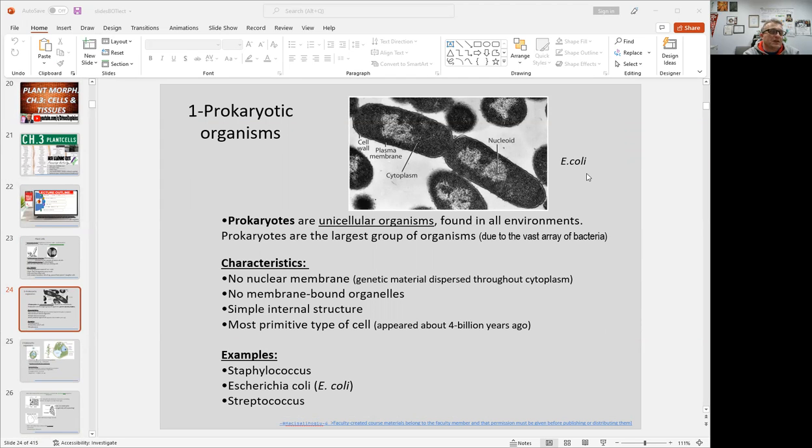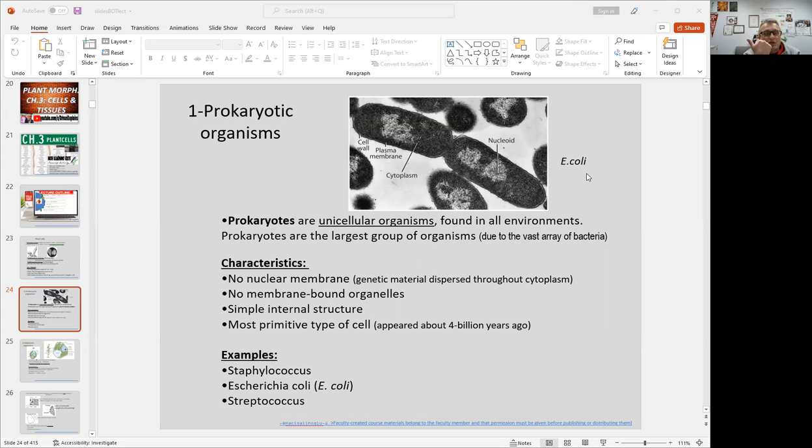Okay, so prokaryotic cells. In order to understand eukaryotic cells, we need to learn a little bit about prokaryotic cells too, because they interact with plants a lot. Prokaryotic organisms and cells are unicellular. They are found in all environments. They are the largest group of organisms, like bacteria.